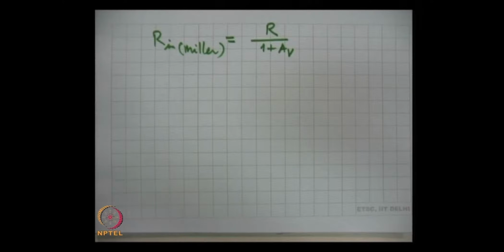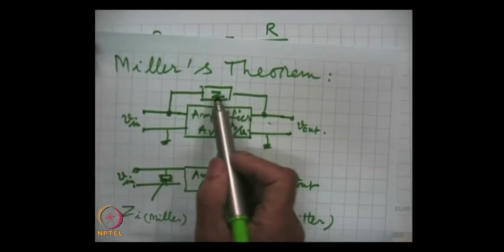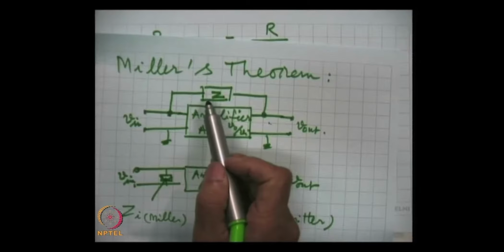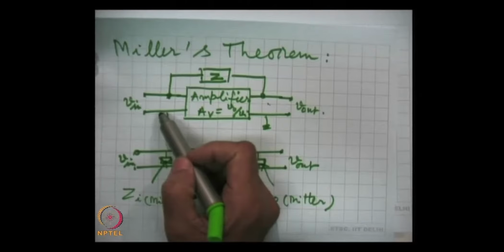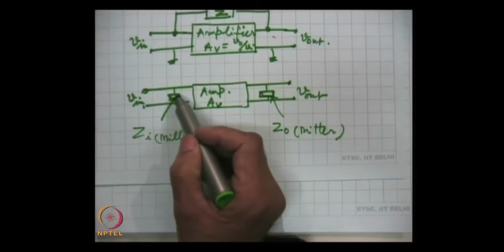So the influence of this resistance when Z is equal to R, the shunting effect, is much reduced in this configuration.